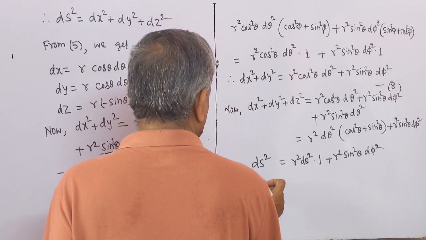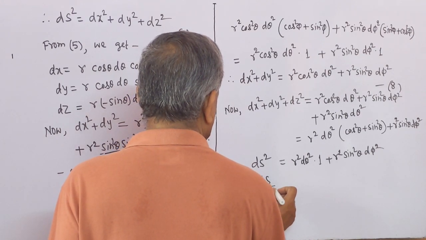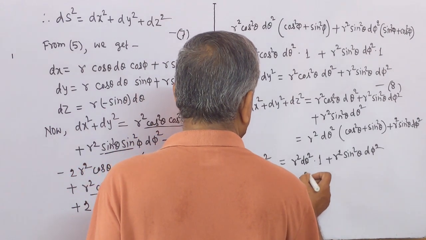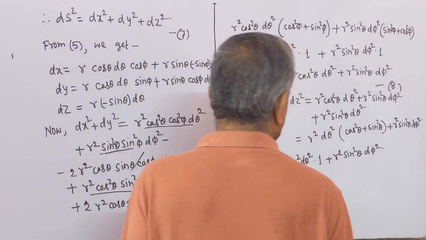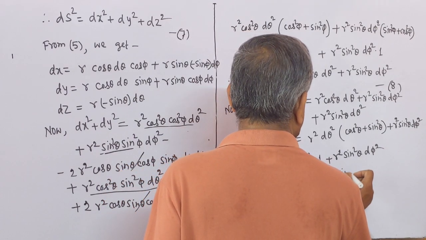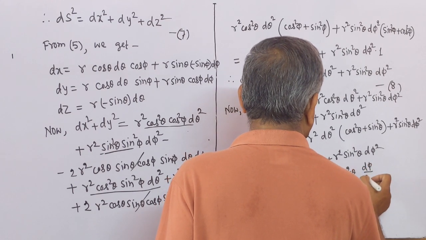This implies that we divide both sides by d theta square. ds by d theta square equal to r square plus r square sin square theta, d phi by d theta square.